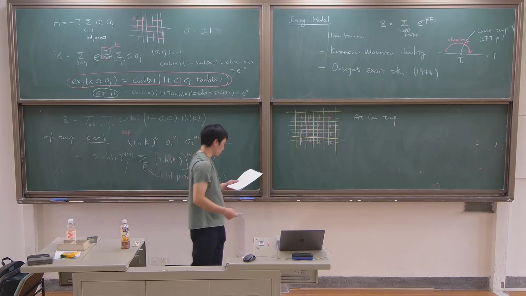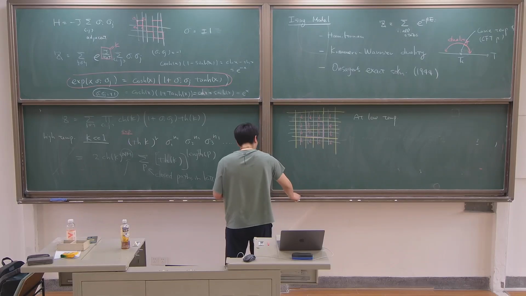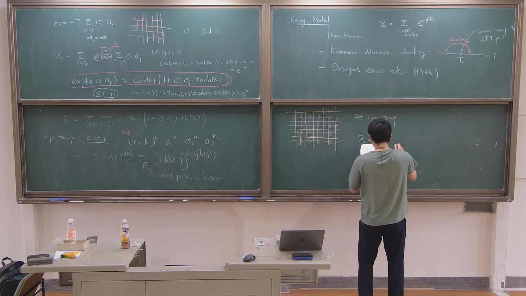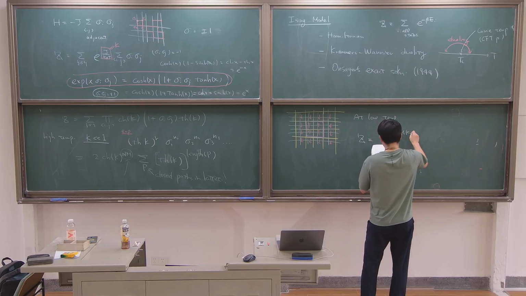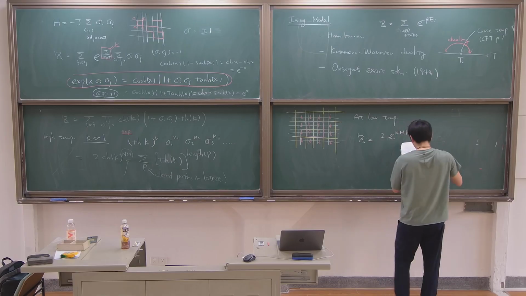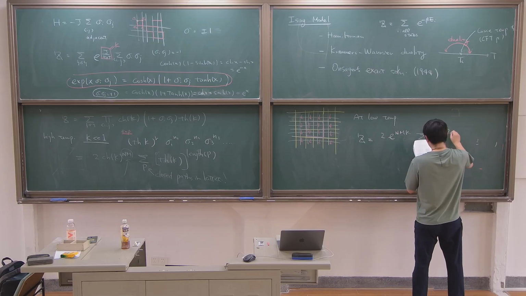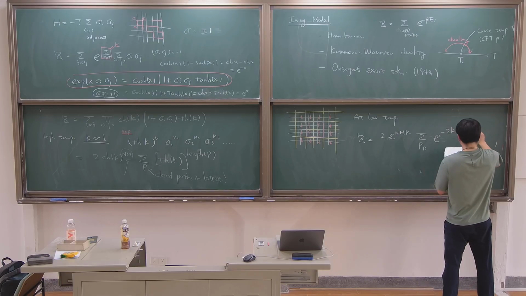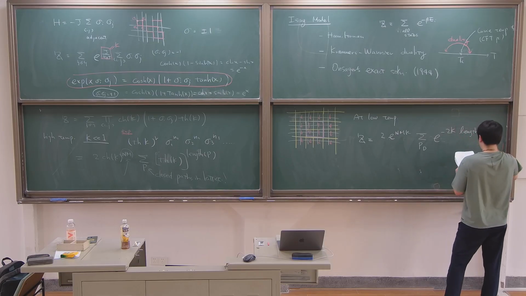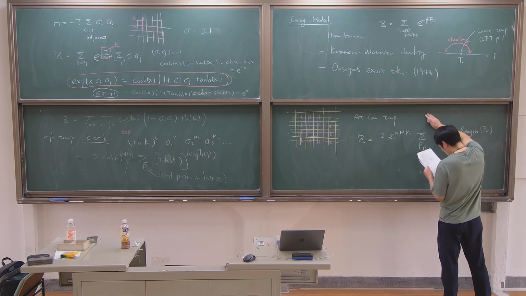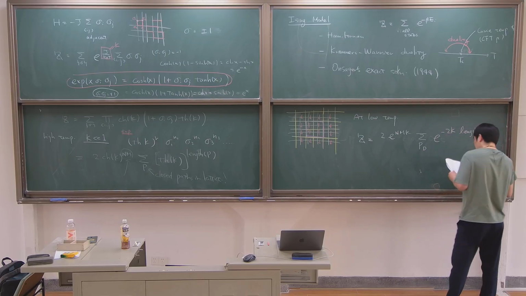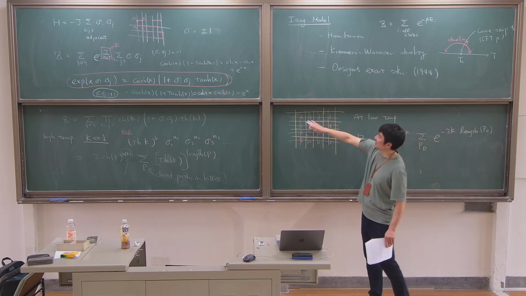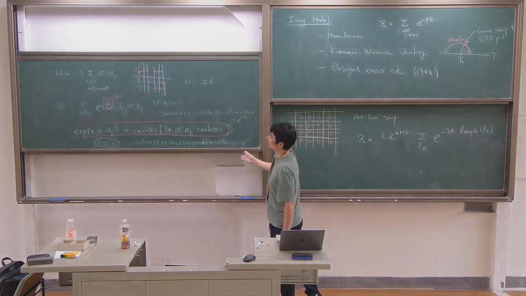So what we need to do is that the partition function in the low temperature regime is just 2 times e to the n, which is just normalization, and a sum over P_D, where P_D is a closed path in the dual lattice, weighted by e to the minus 2K times the length of P. Only the length of the purple path gives the Hamiltonian.